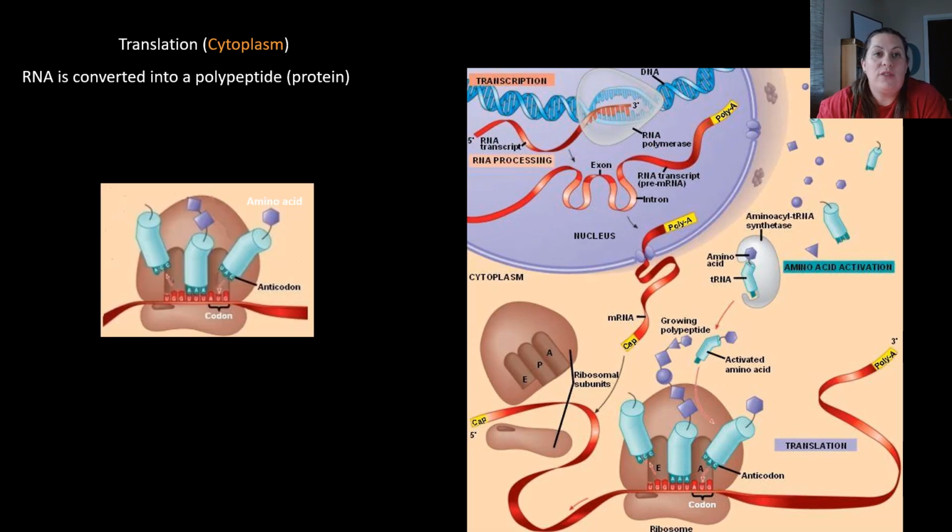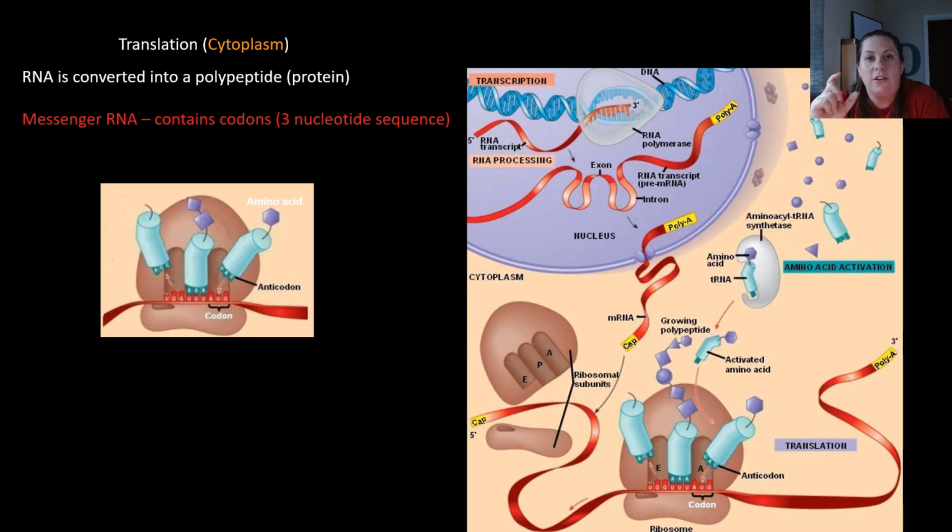So now let's talk about translation. This takes place in the cytoplasm. This is where RNA is converted into a polypeptide protein. There are 3 types of RNA that are going to be important in this process. The first is the red ribbon, which we call the messenger RNA. This contains the codons or the code, and they are in 3 nucleotide sequences, like CCA, GGU, they're going to be in 3s.